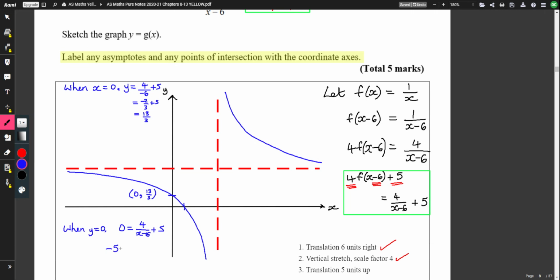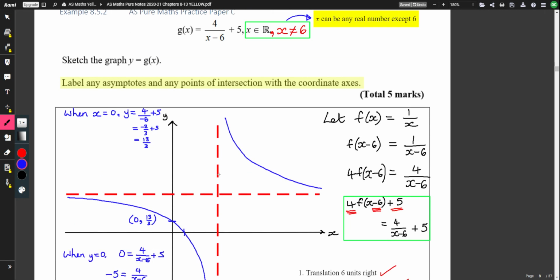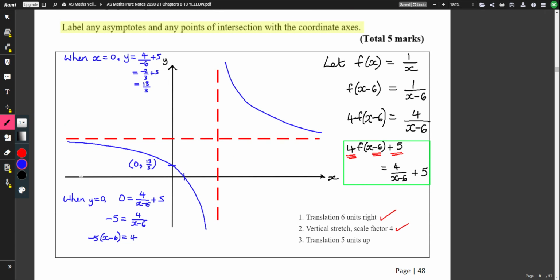So take away 5 from both sides. Multiply both sides by x, take 6. I'm going to now divide both sides by minus 5. And then add 6 to both sides.